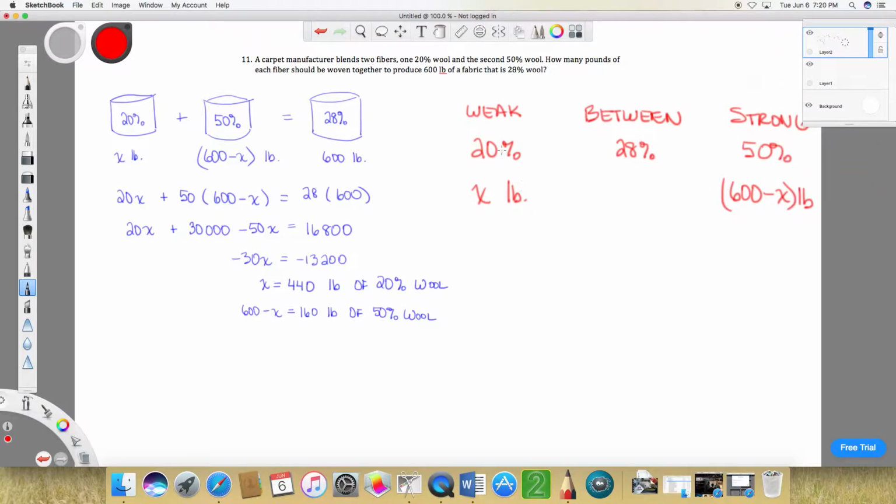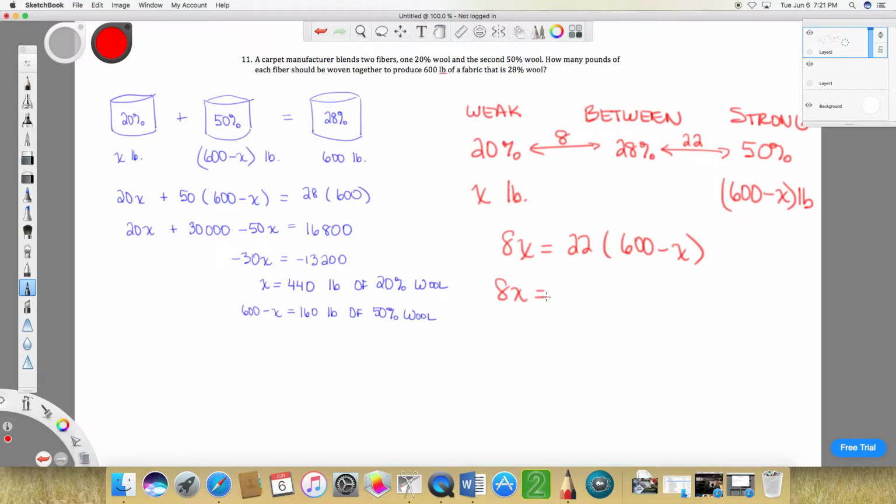All right, so we take this concentration, we take weight times distance. So I need the distance: the difference between 28 and 20 is 8, and the difference between 50 and 28 is 22. So I take 8 times x, and I take 22 times (600 minus x), and I solve this for x.